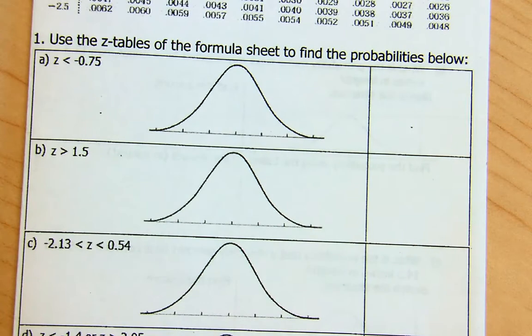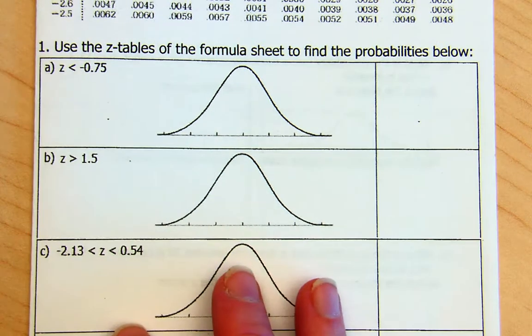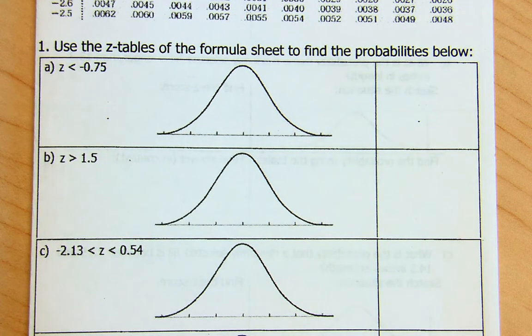So what we're going to do, you may want to have your notebook open to those because we're going to be using those probabilities to do these as examples. So if you're going to open your notebook, pages 8 and 9 should be where you can see them both at the same time.